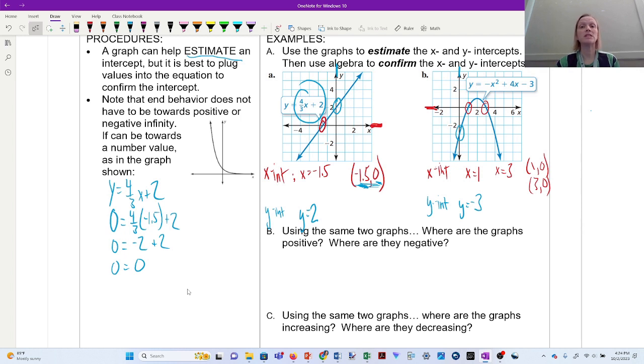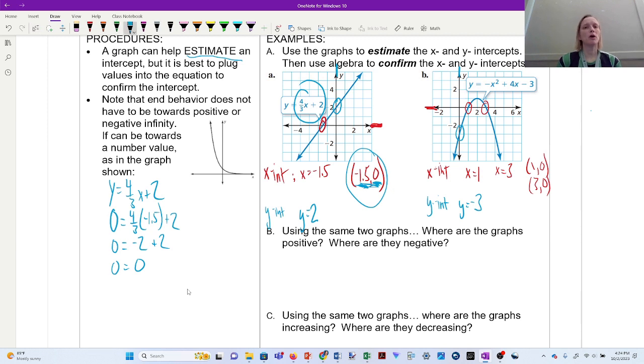Therefore, this point is in fact on the graph, as I suspected, and because y equals 0 at this point, I've confirmed that this is an x-intercept. We will learn how to algebraically determine x and y intercepts more formally later on in this chapter, but for now, we're just using graphs to estimate the x and y intercepts.